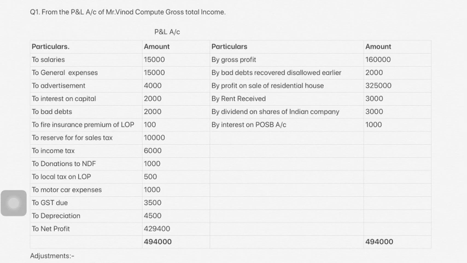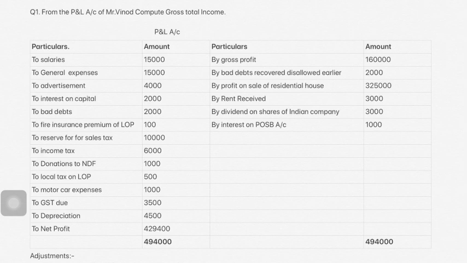Correct? You will show this separately. So again, by profit on sale of residential house 3,25,000, you will subtract. Right? Because this is income from capital gain. You will not show it in income from business. So this 3,25,000 you will subtract.